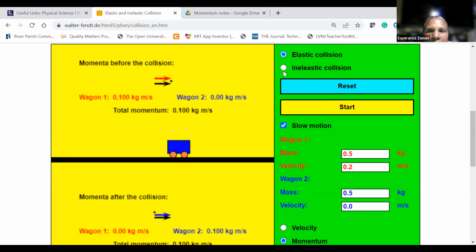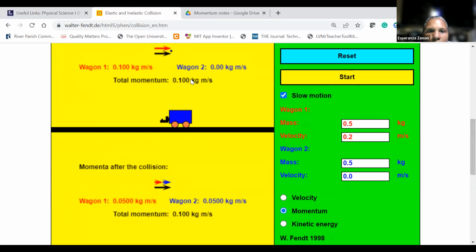I'll reset it, I'll make the collision inelastic, same idea. The total momentum is the same before and after, but in this particular case, the objects stick together, okay? So I like this one better because it's a little bit easier to visualize.